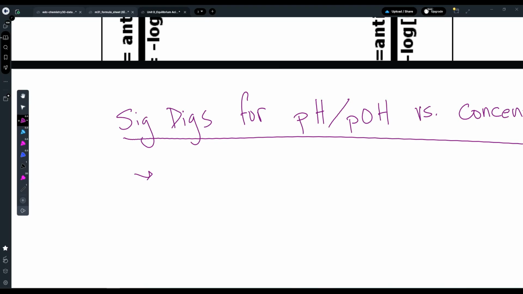However, for pH and pOH, because they do have the letter P in it, you've got to look after the decimal point to determine sig digs for pH or pOH. So let's write out everything that I just said.